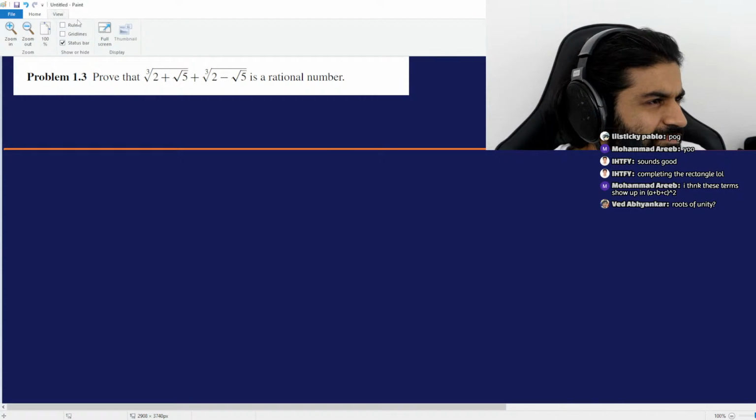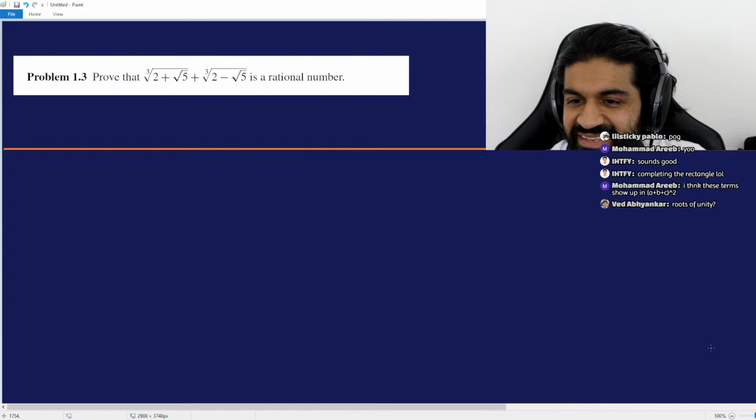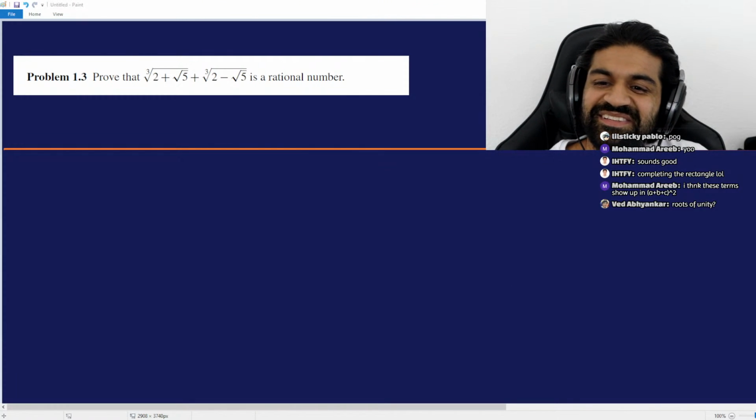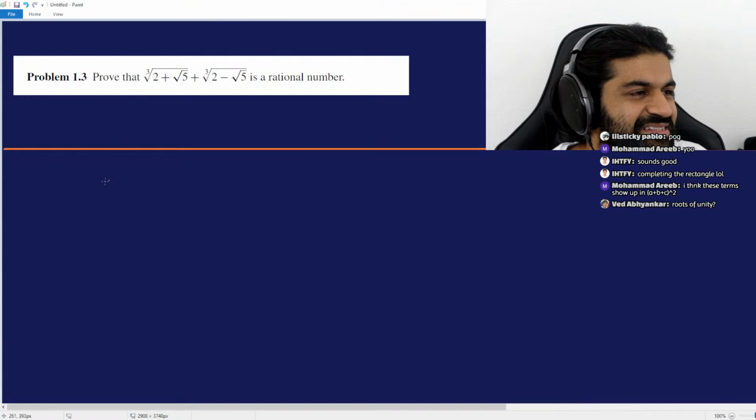Well, I know for a fact, because of the section of the book these came from, that I have to use the factorization that I've given you. So let's see what happens.